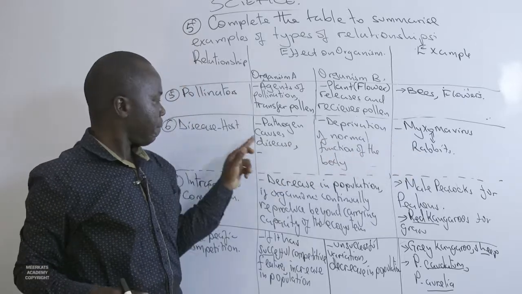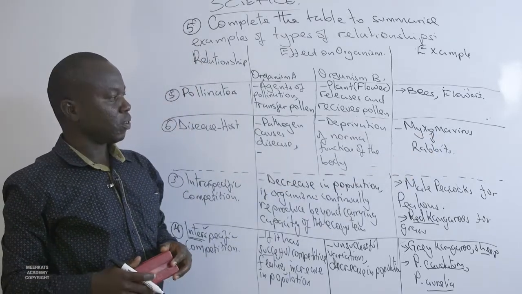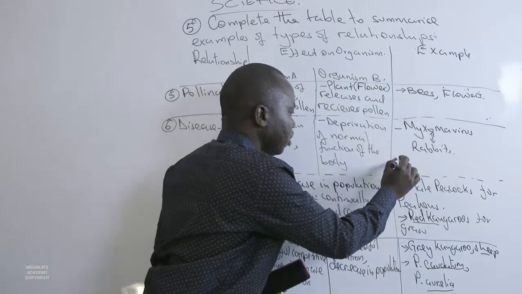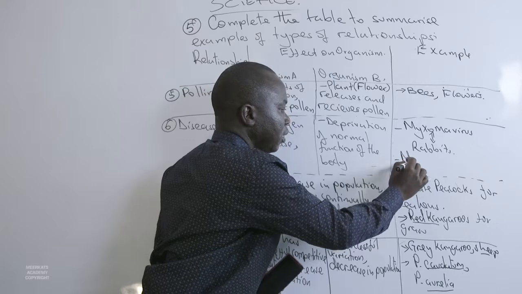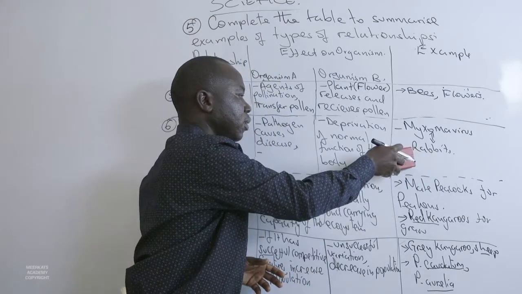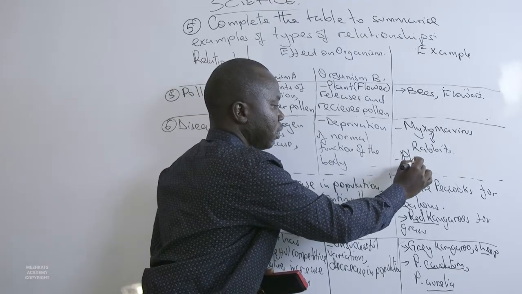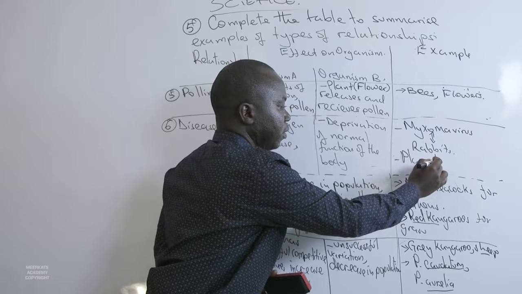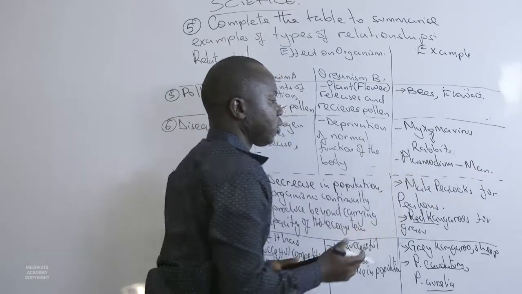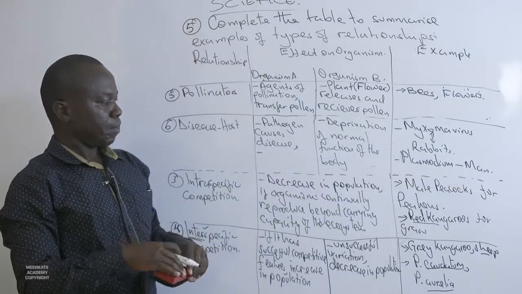So the rabbit here is the host and the pathogen is the myxoma virus. There are several examples we can talk about. There are so many diseases, malaria or Plasmodium and man. So man becomes the host, Plasmodium the pathogen.